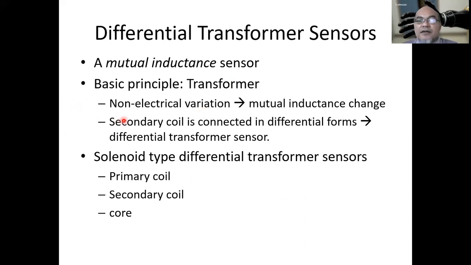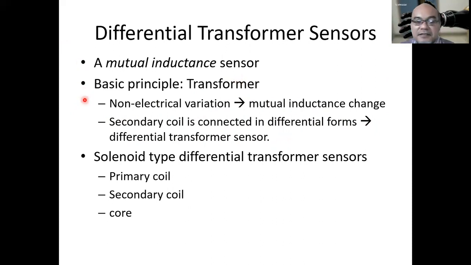So non-electrical variation will create a mutual inductance change. The secondary coil is connected in differential form, which will create what we call a differential transformer sensor. This is similar, later we will see the circuit, similar to a Wheatstone bridge, where we subtract the voltage divider from one to another.